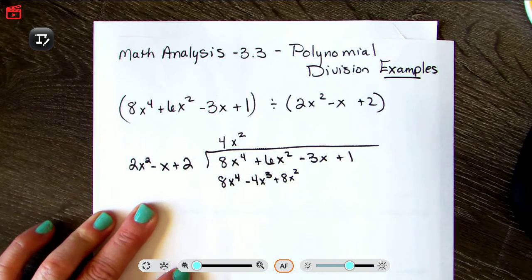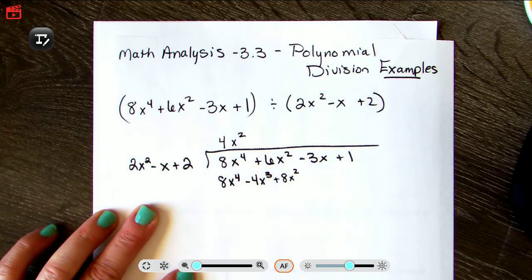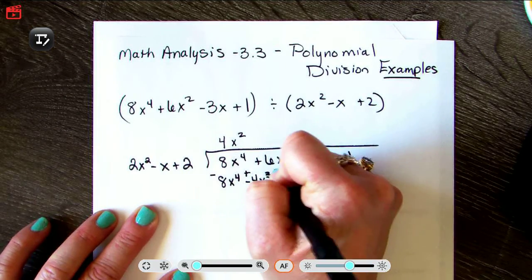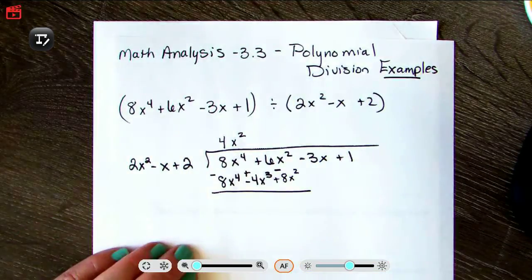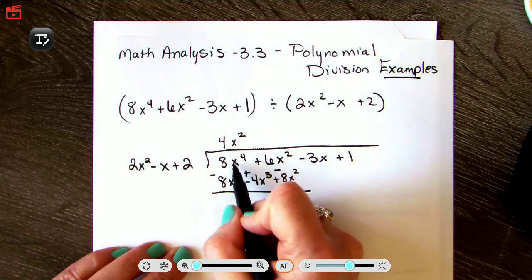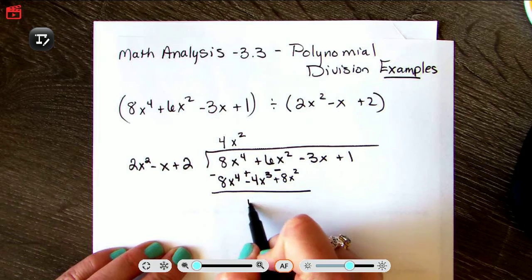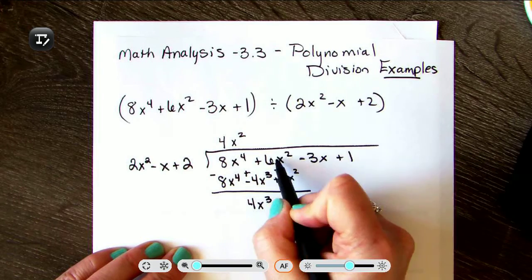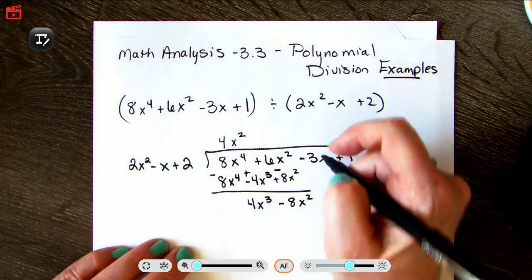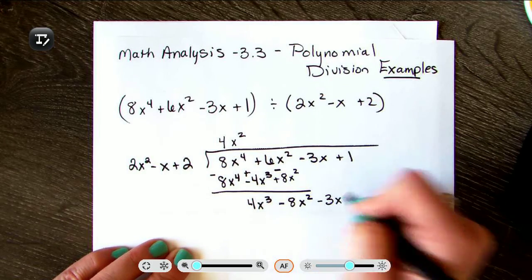Okay. And then we want to subtract. I'm not good at subtraction, so what I do is change my signs all the way through. It's like distributing that subtraction. And then I add. So I'll have that 4x cubed and then a minus 8x squared. And then we bring down that next term.